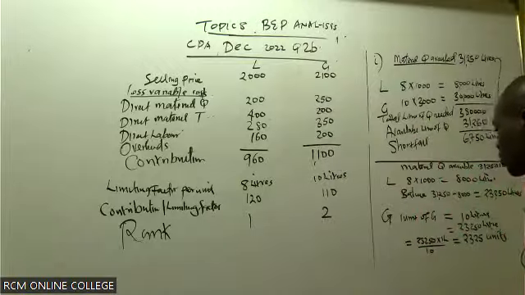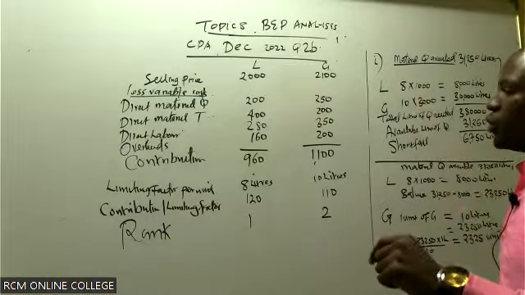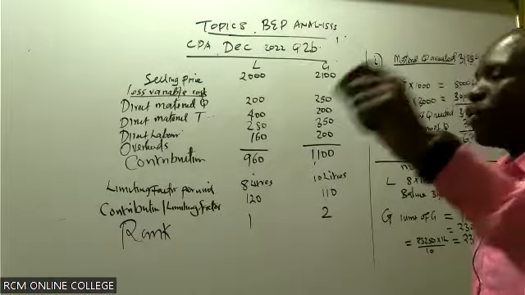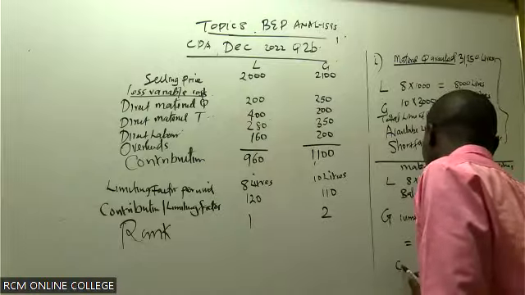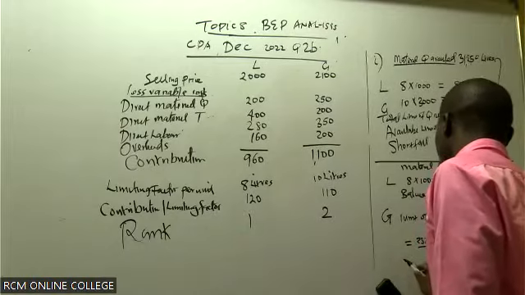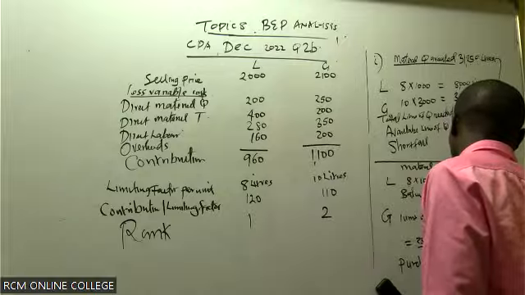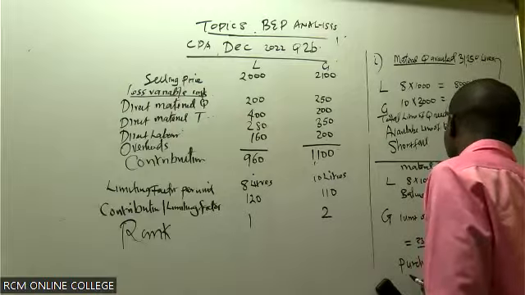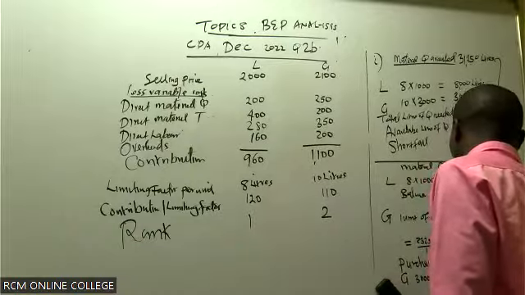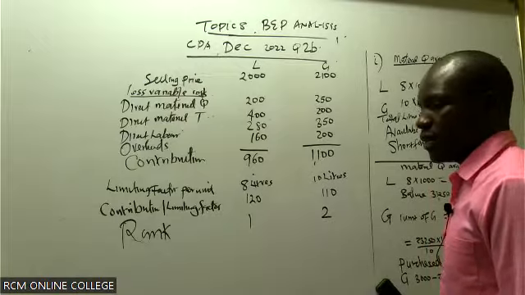Now, if you are told that the ones they were not able to produce, they outsourced from an external supplier at a given cost, outsourced units zitakuwa ngapi? Or purchased. Purchased units will be of G, what the market demands is 3,000, less what they manage to produce, which will give us 675.